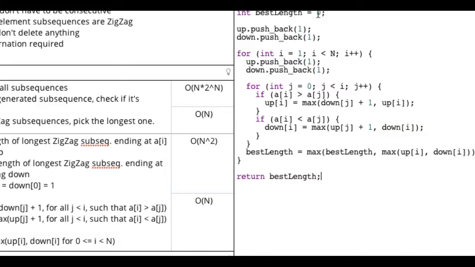Now let's think, is that the right value for best length? Well, it doesn't look like it is, right? Because if my sequence is only one character long, which is possible, then it's a valid case, then that loop is not going to be executed at all, because we're looping from 1 to n.